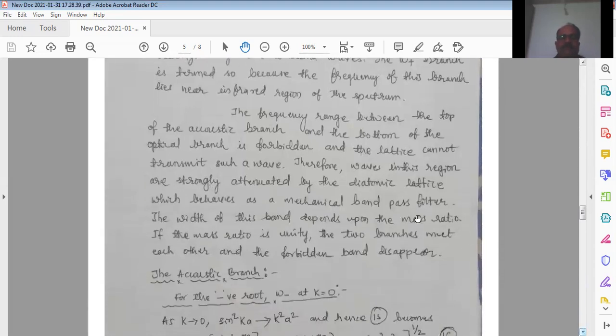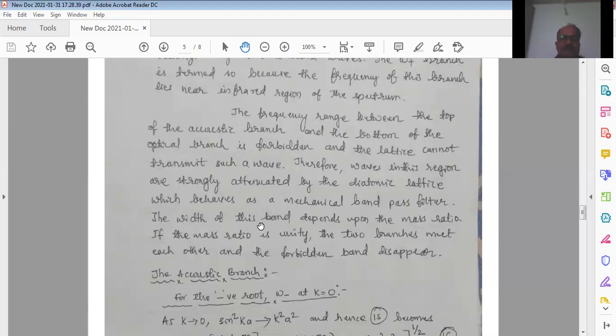The frequency range between the top of the acoustic branch and the bottom of the optical branch is forbidden, as I have shown in the diagram, and the lattice cannot transmit such a wave. Therefore, waves in this region are strongly attenuated by the diatomic lattice, which behaves as a mechanical bandpass filter.